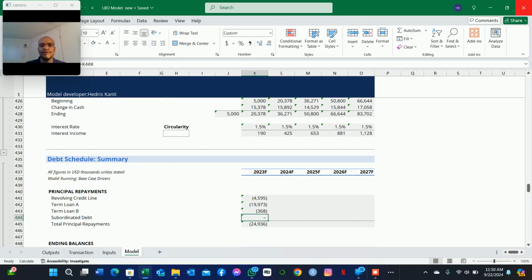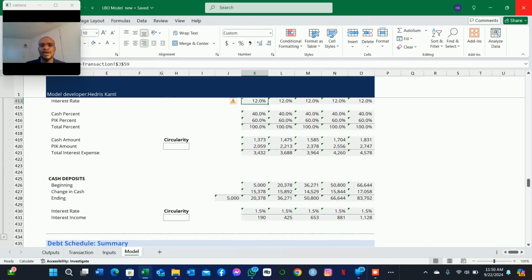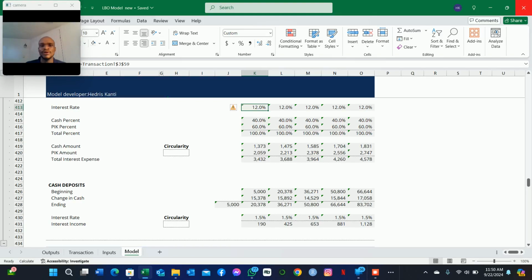And at the same time, they might also be protected on the downside. If there is no potential increase in the rate of returns, then they might be protected by just earning this interest rate of 12% for the rest of the period.